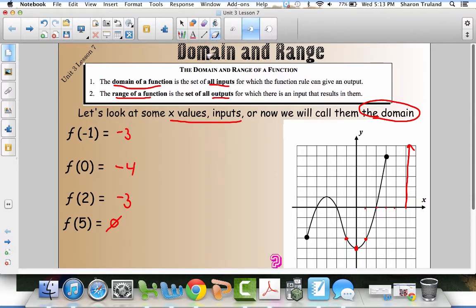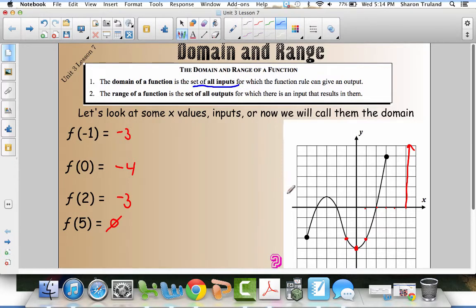All right, so what am I getting at with this whole domain stuff? Well, according to this graph, the domain is the set of all inputs. So I'm going to look at my x values. -1, that's got an answer. -2's got an answer. -3's got an answer. -4's got an answer. -5's got an answer. -6 doesn't have an answer.